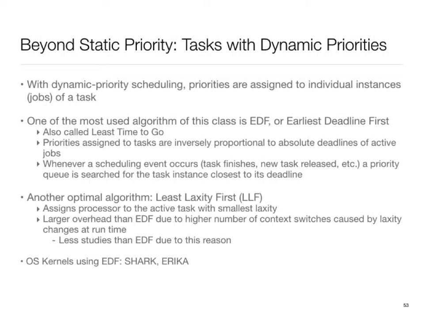Okay, let's restart. Thus far, as I mentioned, we saw static priority and we saw dynamic priority in the specific context of resource sharing, where if a resource was needed by a high priority task but was locked by a low priority task, then we would bump up the priority of the low priority task.